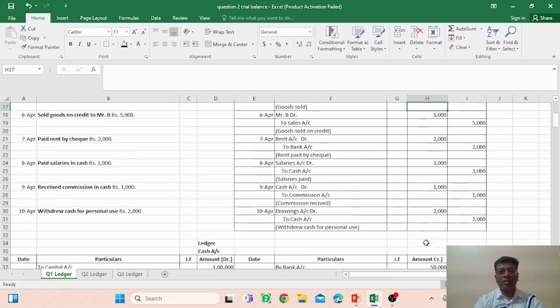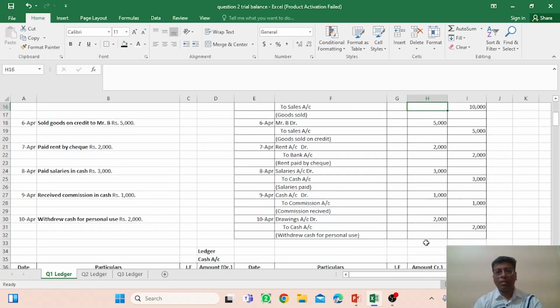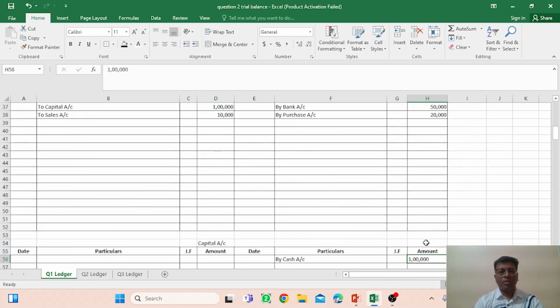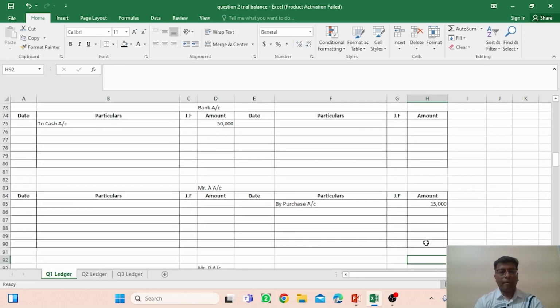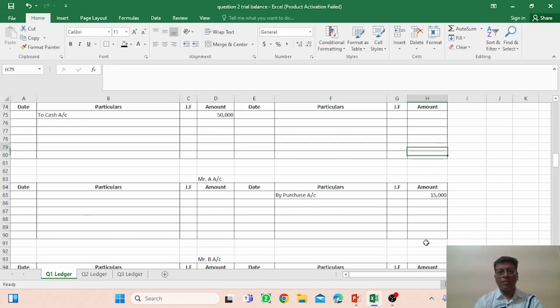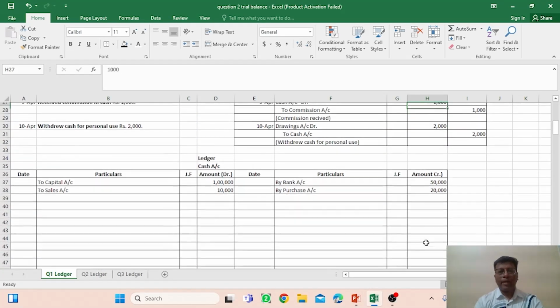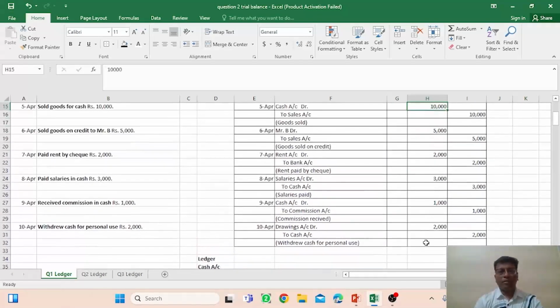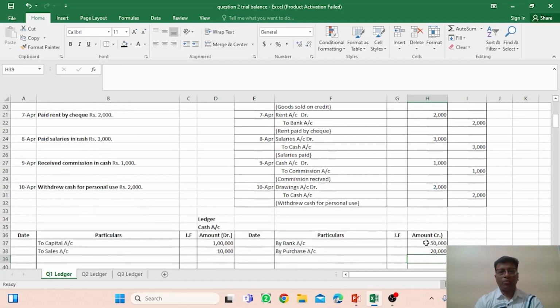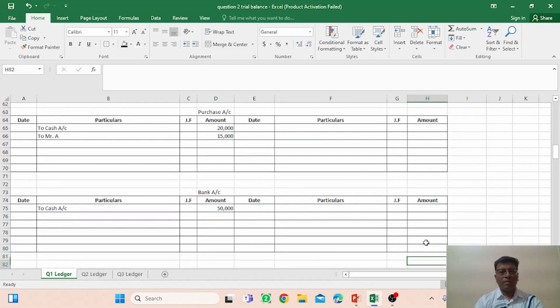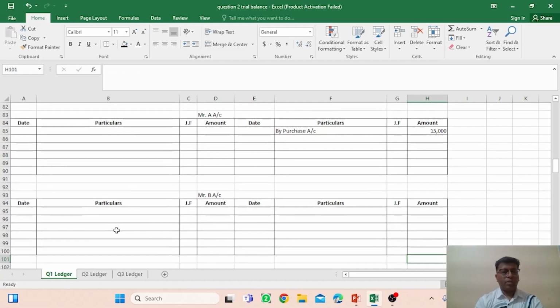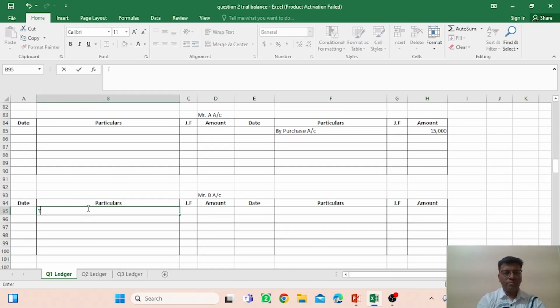So on the 6th April transaction, there is Mr. B debit to sales account. So Mr. B to sales, what is the amount? Okay, go back. Mr. B 5,000, right? So Mr. B to sales account 5,000, right?